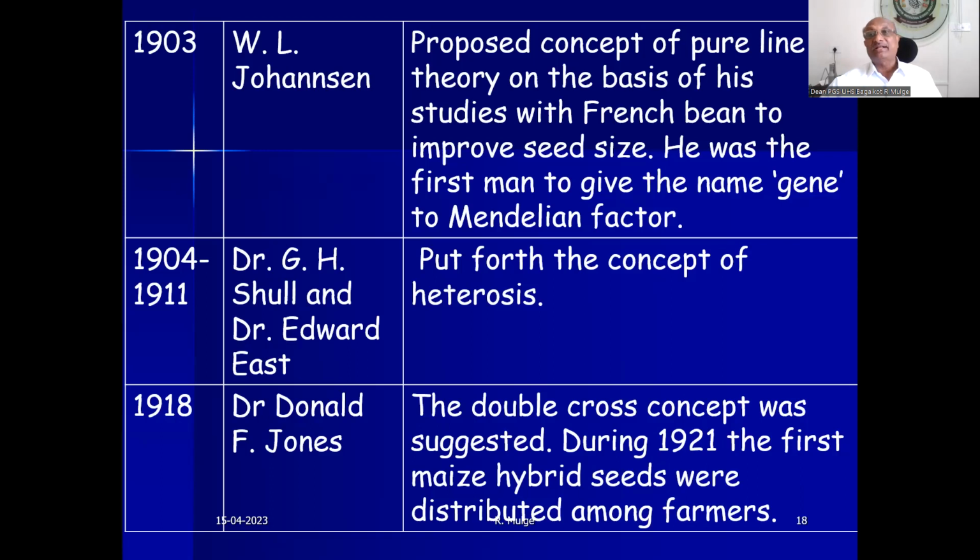You have to develop the parent lines, pure lines, right? In cross-pollinated crops, you may not completely call that a homozygous line, but the maximum amount of homozygosity is there. So you have to develop the pure lines to get the hybrids, right? You have to cross two parents, then only you'll get the hybrid. So that homozygosity you're getting.